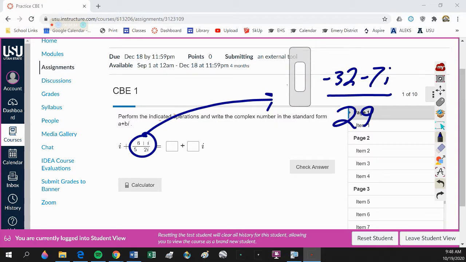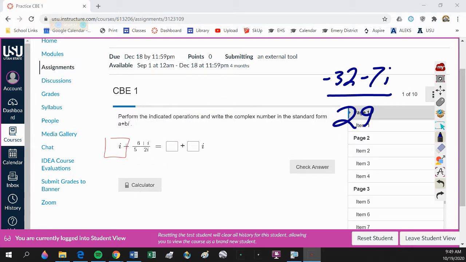i squared is always -1. And then I need to add the i to it. Can I add those? If I have a common denominator. So I put this over 29, and I need a 29 on top. So 29i minus 32 minus 7i.